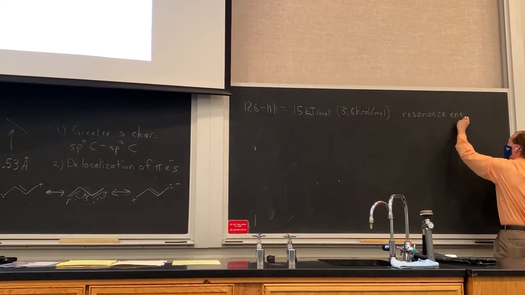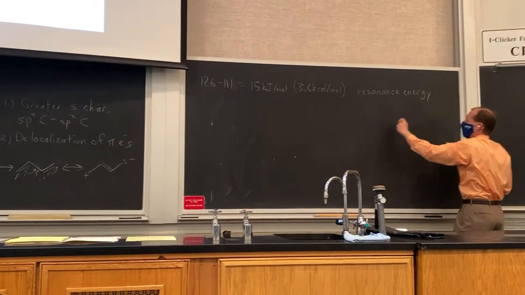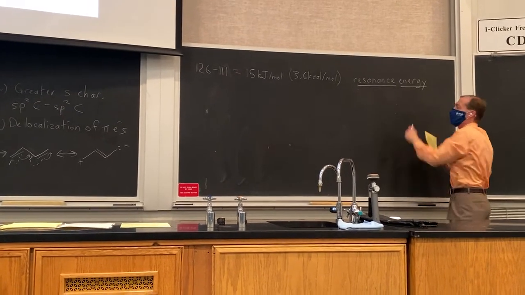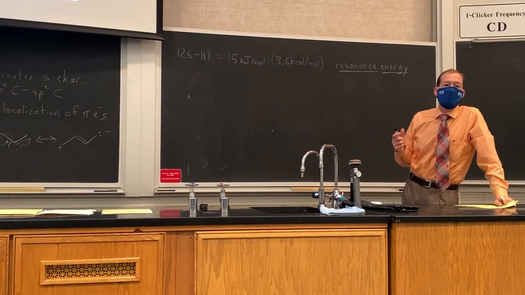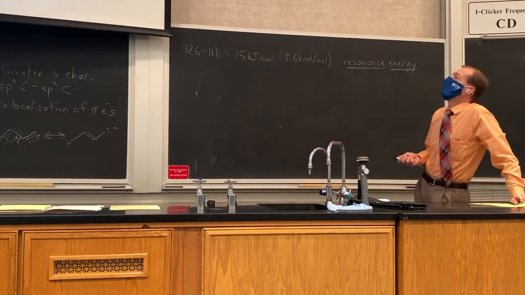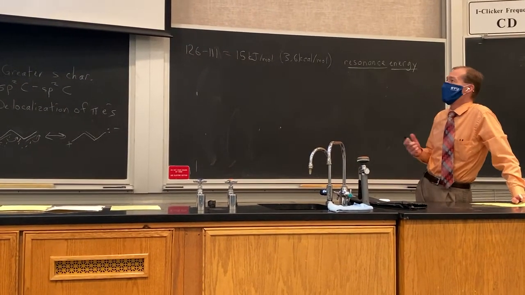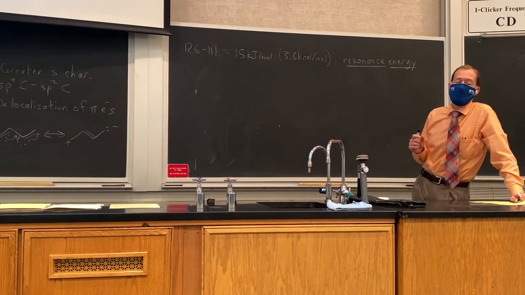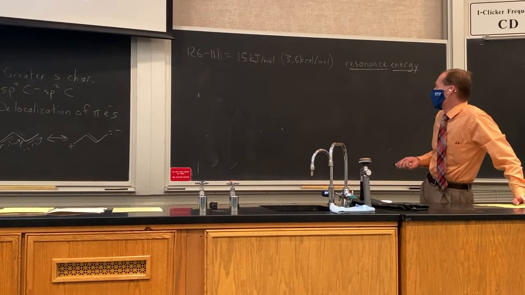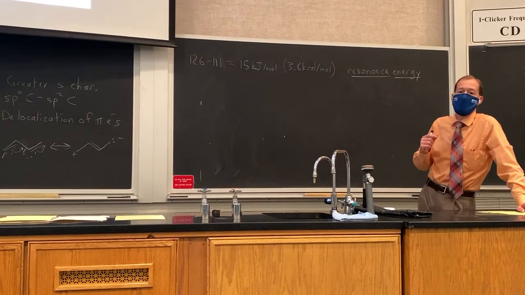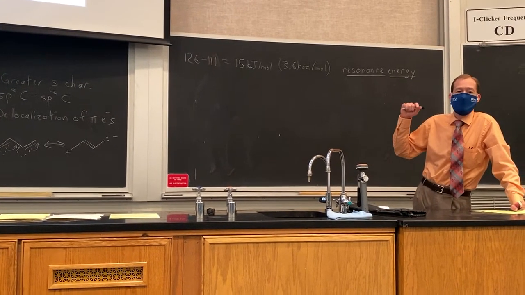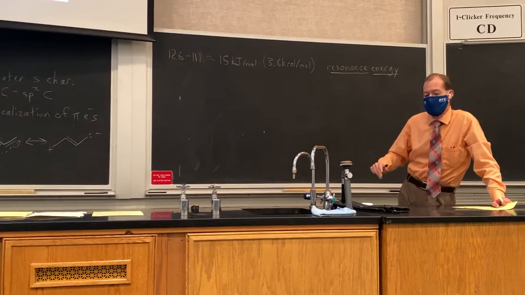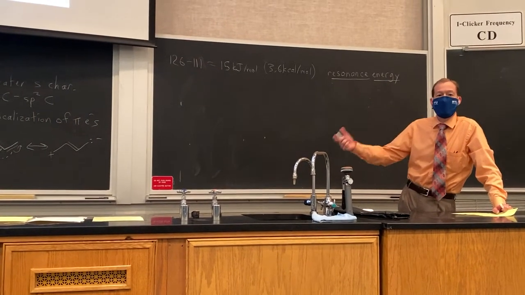Okay? Resonance energy is an important term to know. It is the stability due to resonance. So in the case of a 1,3-diene, we can say that that molecule gains 3.6 kcals per mole of stability, or in other words, is 3.6 kcals per mole lower in energy than an isolated diene.